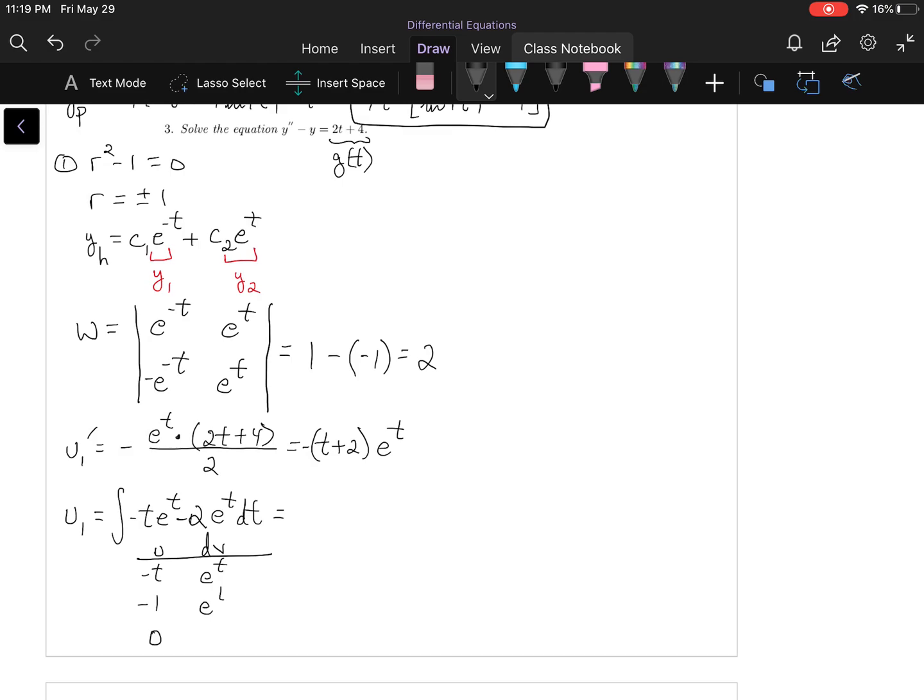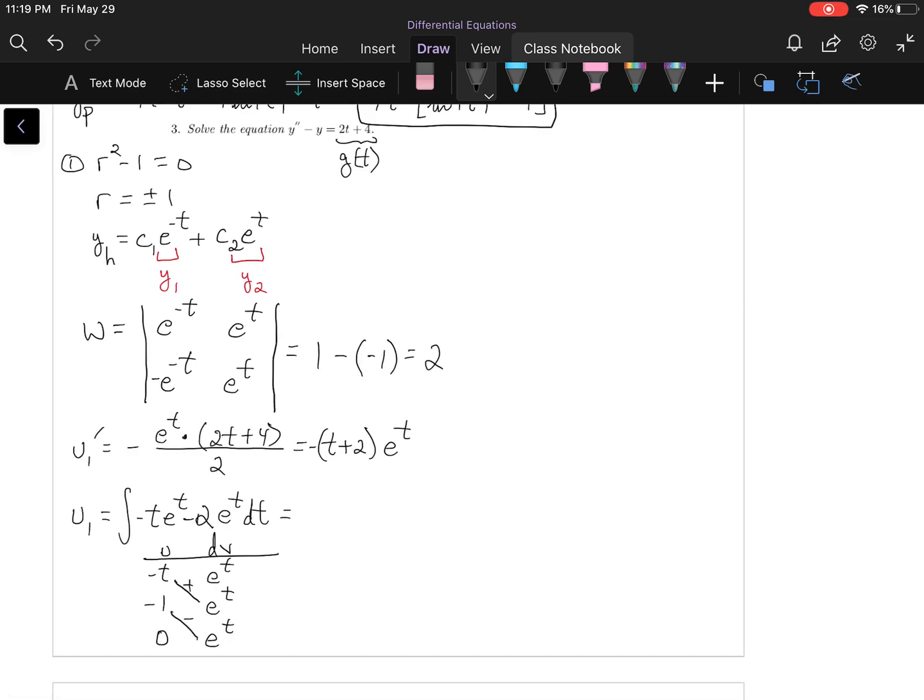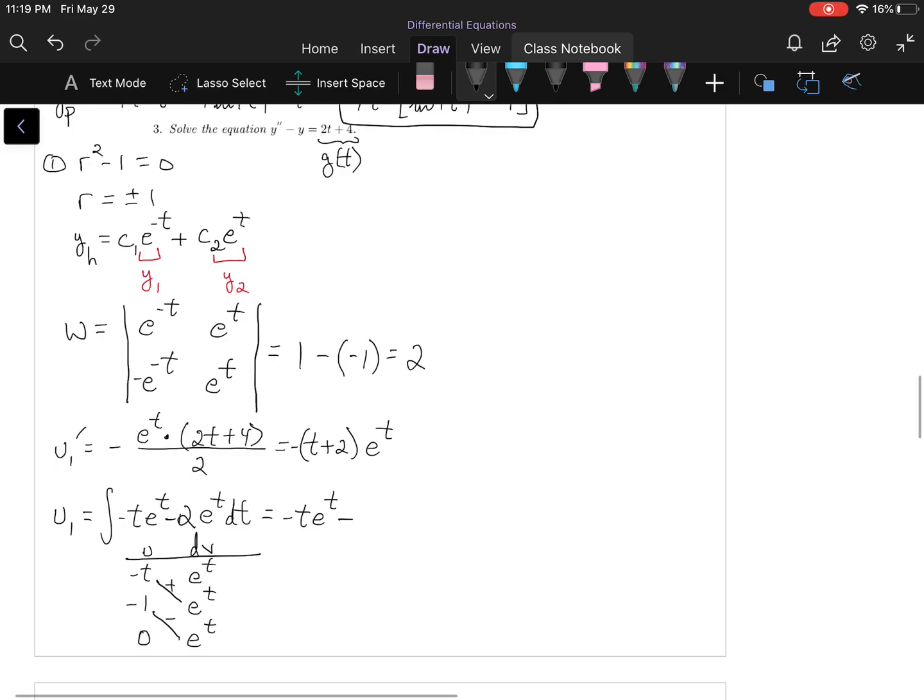When I integrate that, I get e to the t, and if I integrate again, I get e to the t. Then you start multiplying diagonally downwards. First one is going to be positive, the second one negative, and so forth. And so what this gives me is negative t e to the t minus negative 1 times e to the t, which is going to be positive e to the t. That is just the integral of negative t e to the t dt.